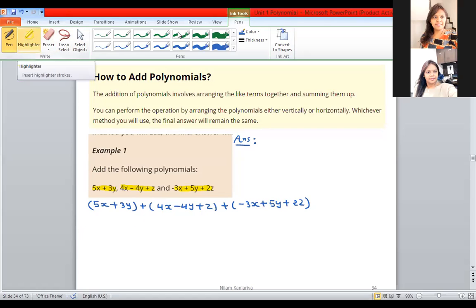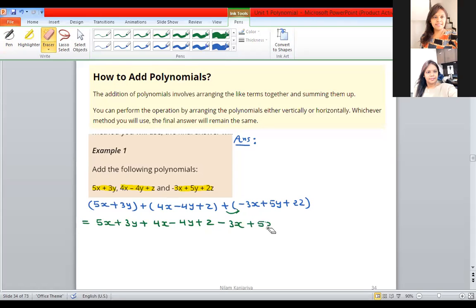Now open the bracket. We open this full bracket. This is z. Now look at the sign. The sign will be changed: plus minus will be minus. Minus 3x, plus plus is plus, and last 2z.